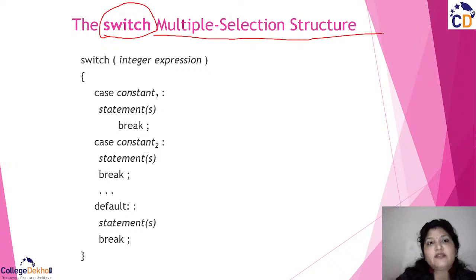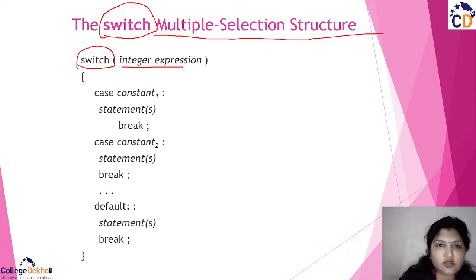The first part is the keyword switch, then writing the condition, the integer expression or whatever test expression, whatever input you are going to take, for entering into the switch part, right?